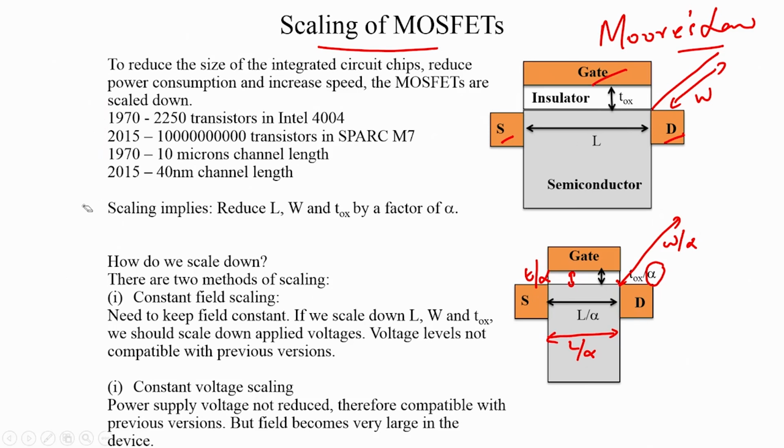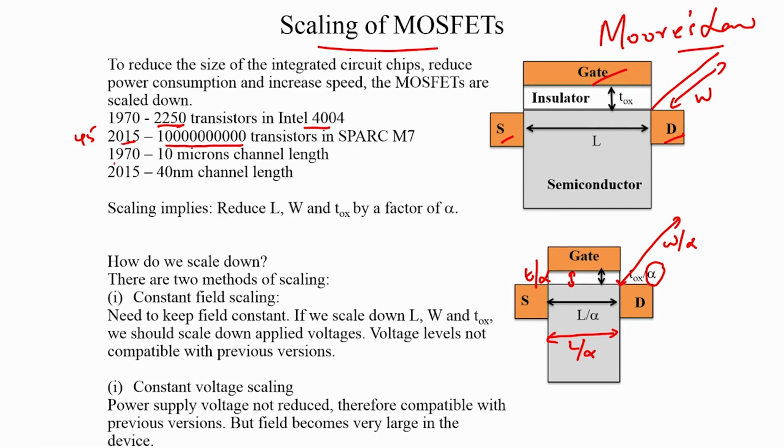In the 1970s, the Intel 4004 processor had about 2000 transistors in it. And in 2015, 45 years later, in half a century's time, the number of transistors has increased to these many. That is a massive increase.